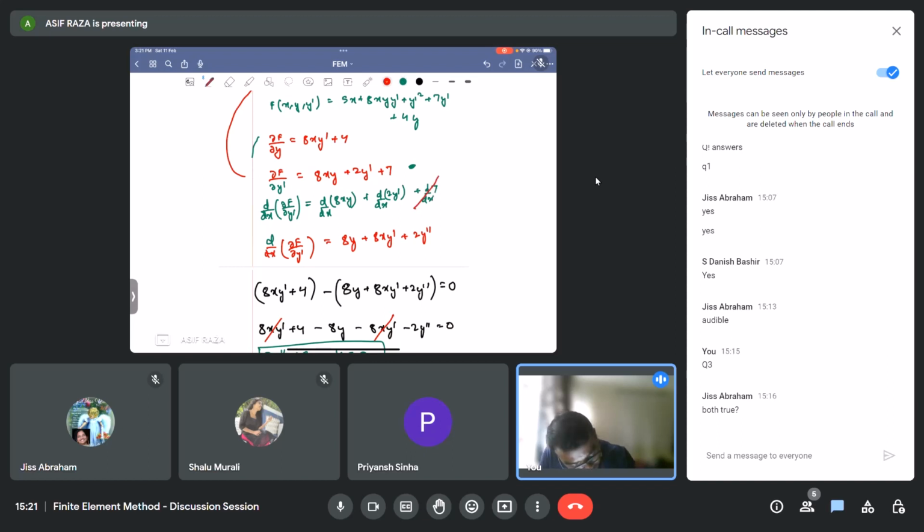So d by dx of 7 will give me directly 0, as this is a constant. And if you see this one, 2 will get out. Y prime is dy by dx. So if d by dx goes inside, it will be 2 d2y by dx square. So that is 2y double prime, which is this one.